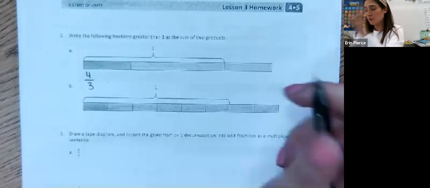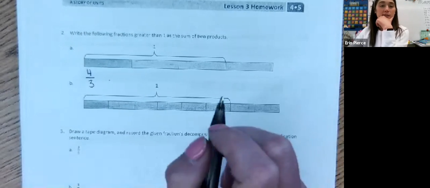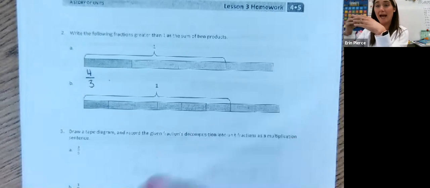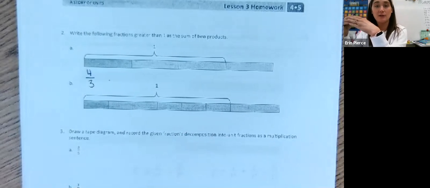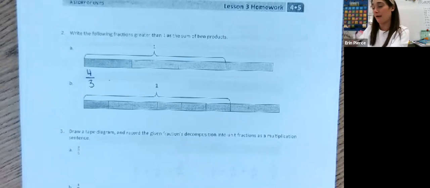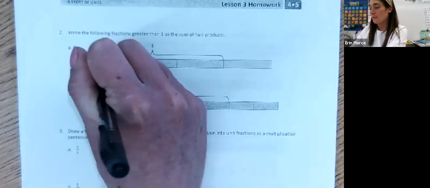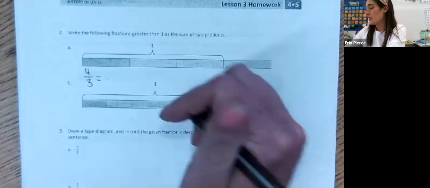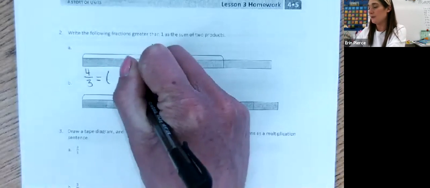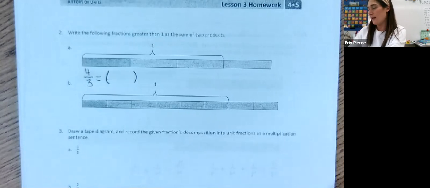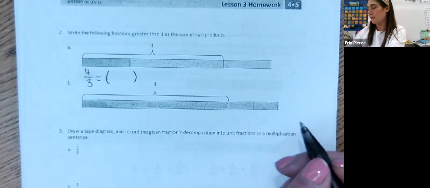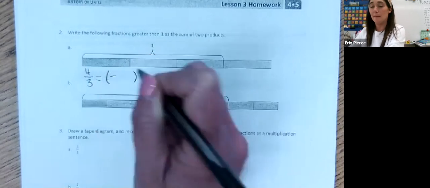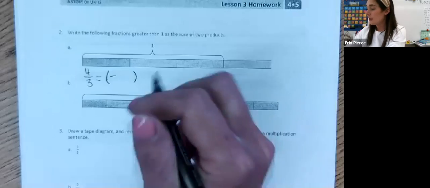So we have to do 2 multiplication sentences. We're going to add those multiplication sentences together to show the sum of 2 products. So products, remember multiplication, sum is addition. So in parentheses, I'm going to do, well, what is a way that I can multiply to get part of 4?